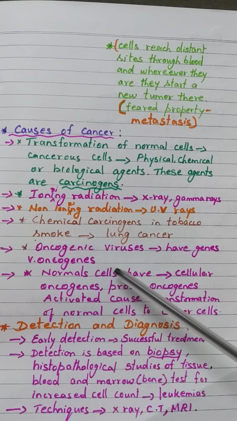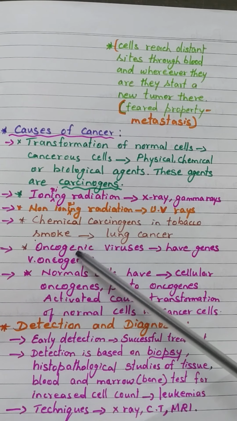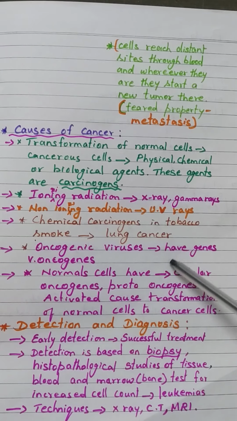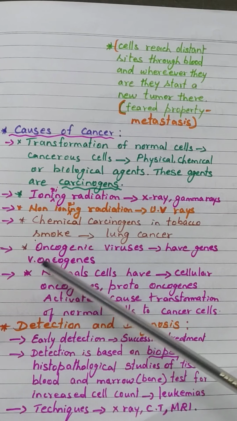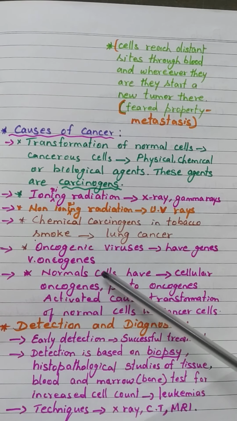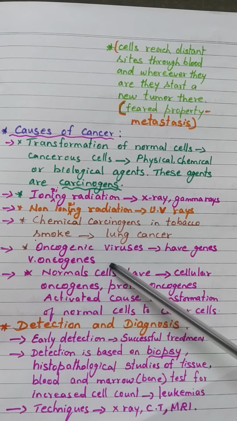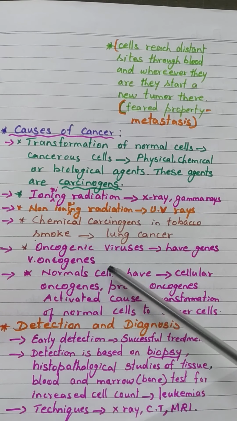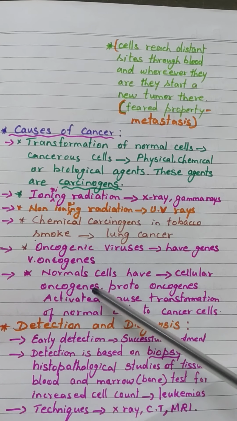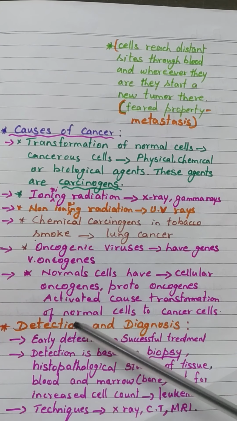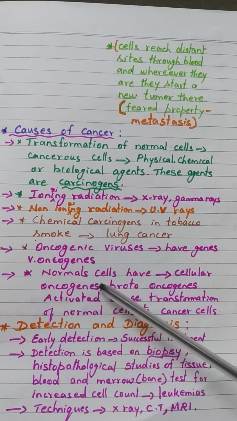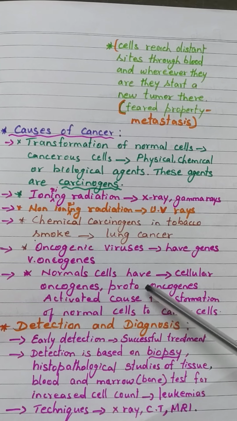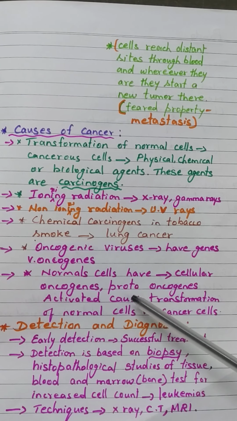And then oncogenic viruses. Some viruses, called oncogenic viruses, have genes known as viral oncogenes. They also cause cancers. And then there are several genes called cellular oncogenes or proto-oncogenes, which have been identified in normal cells.